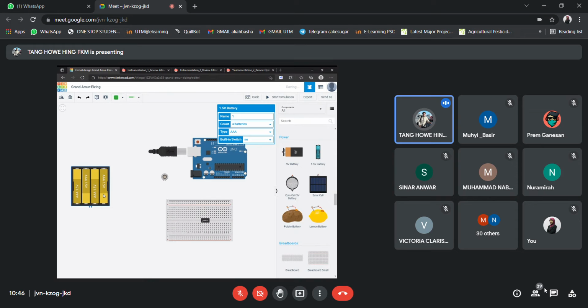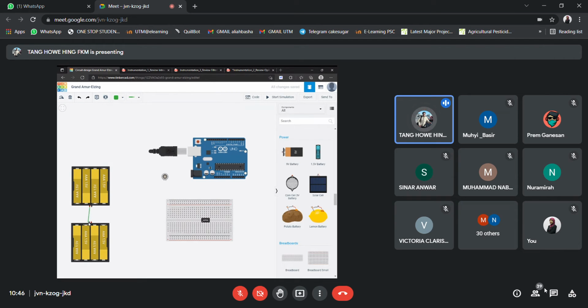So we have 6 volts over here, and then another battery. This one I rotate up to here, because I want to generate the dual power supply. This and this connect together, and then this positive comes to here.